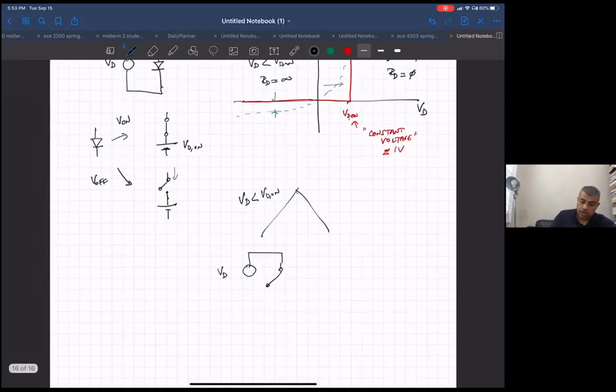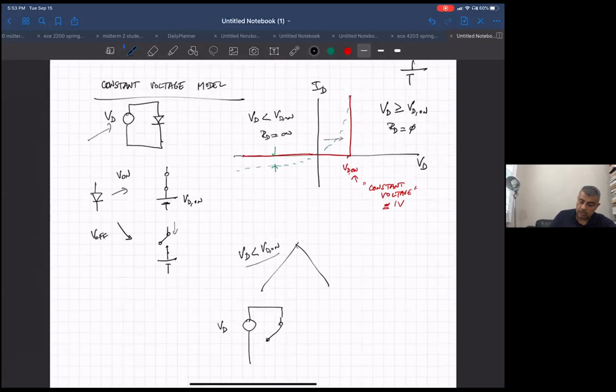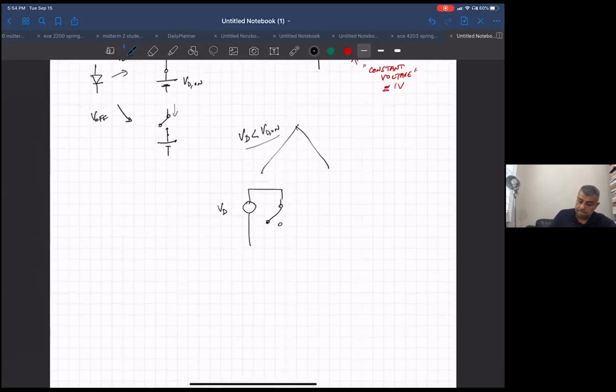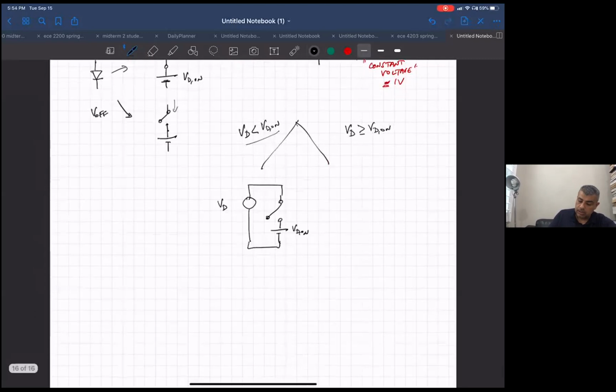So if I redraw the circuit, when VD is less than VD on, I get this thing. And then when VD is greater than or equal to VD on, I get a short here with the battery in series.